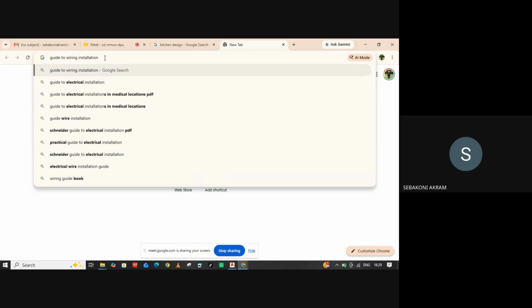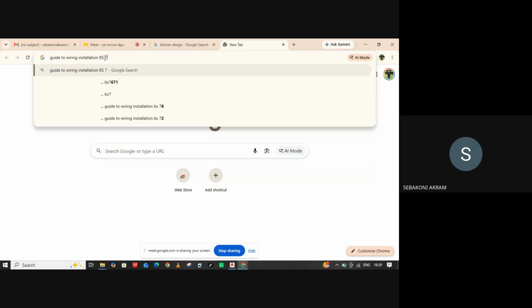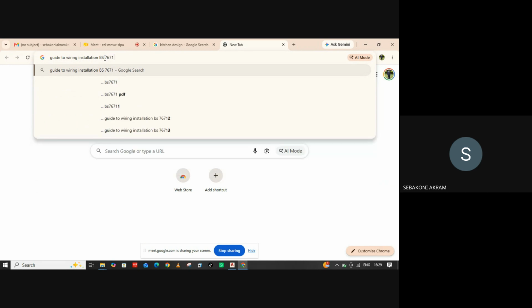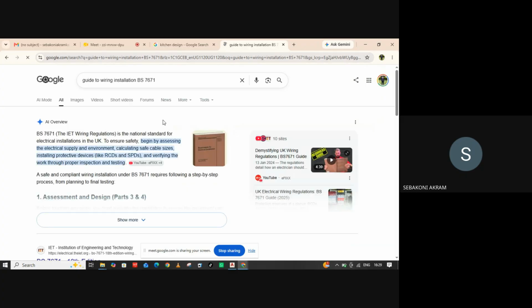It has BS 7. It's not the exact BS, but it has some notes. It has those things that I'm trying to show.